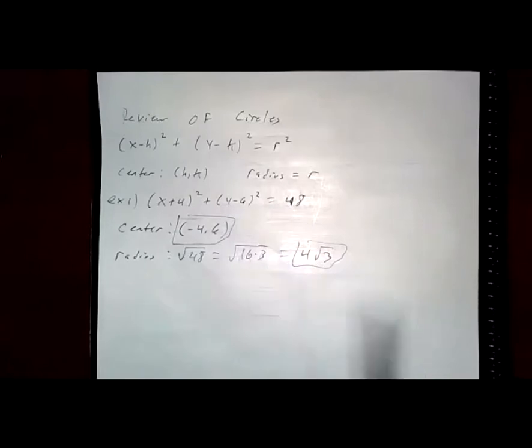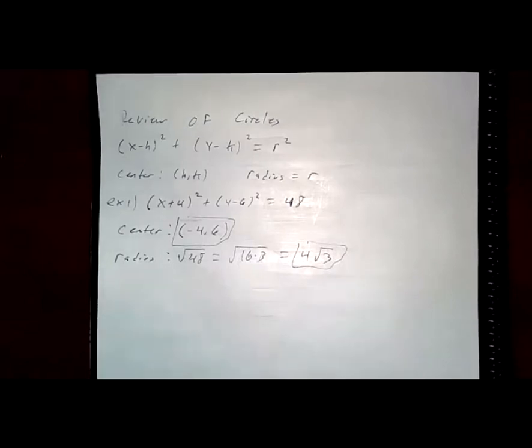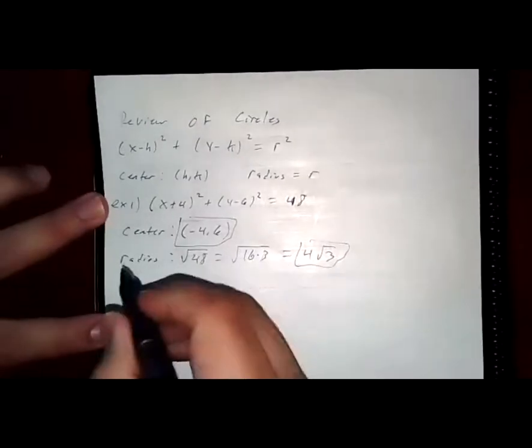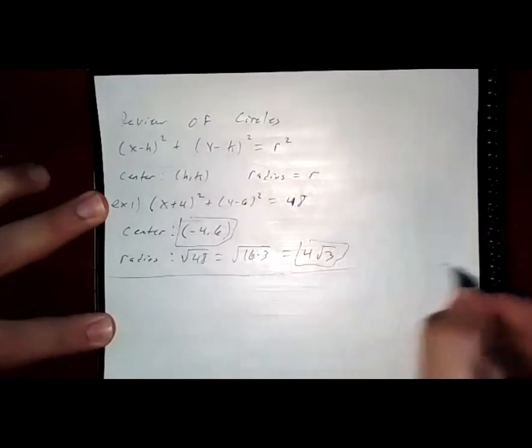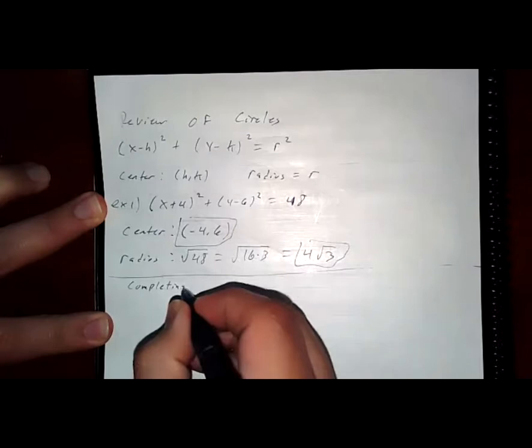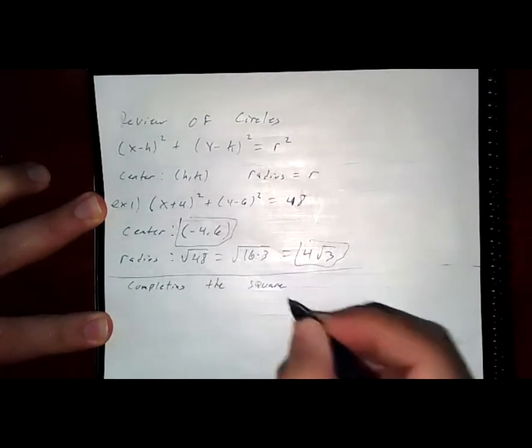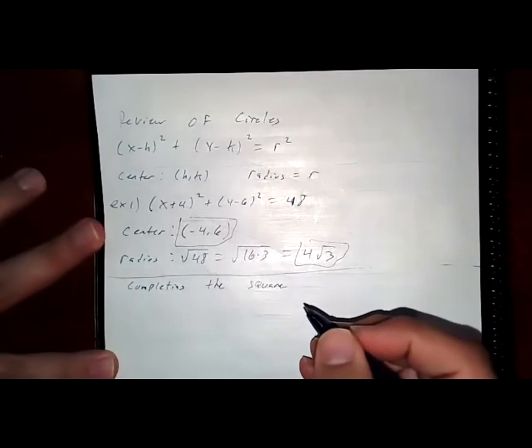Okay. Now, it's not going to be given to you in standard form very often, so we've got to get used to completing the square. So let's practice that guy here. Okay.